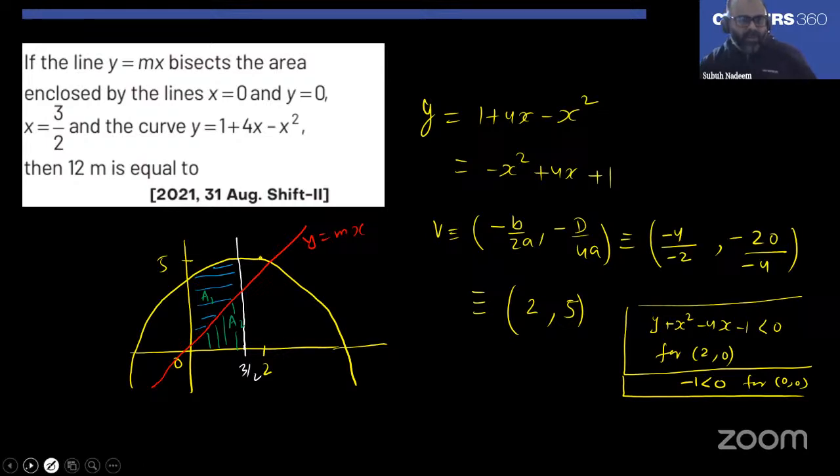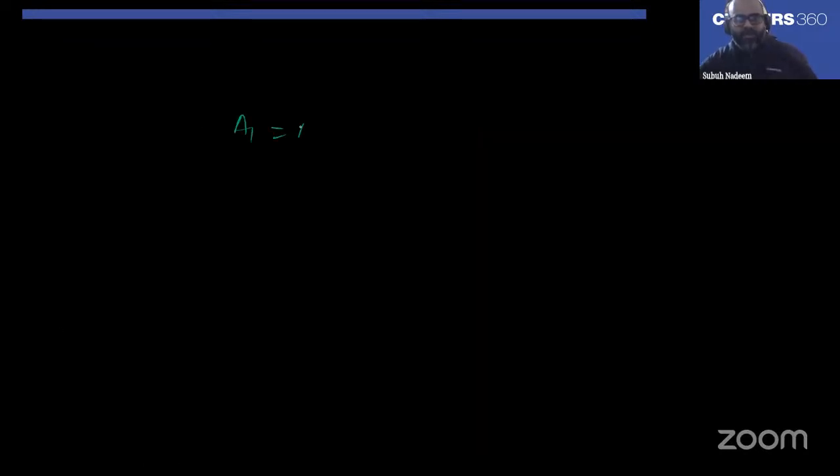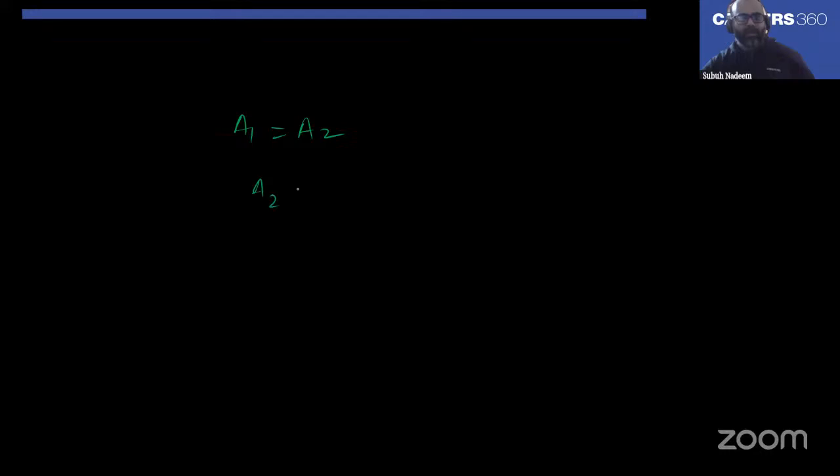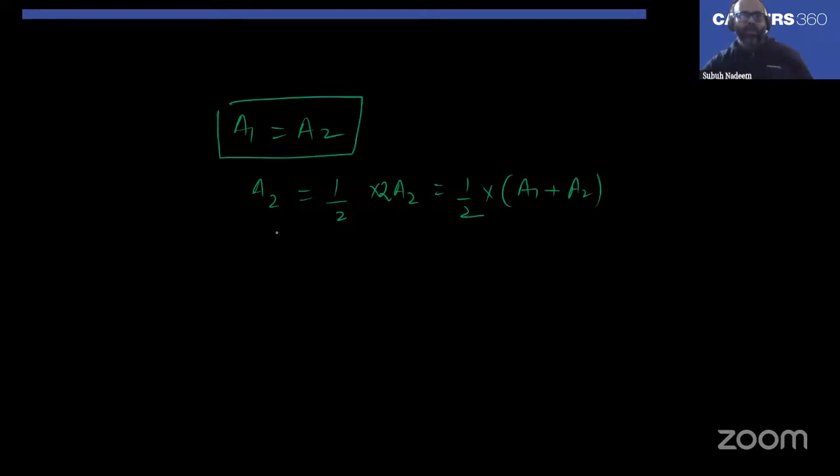So A1 is equal to A2. If A1 is equal to A2, then we can also say that A2 is half of twice A2, which can be written as A1 plus A2, right? Because A1 and A2 are equal. So A2 can be written as half of A1 plus A2.